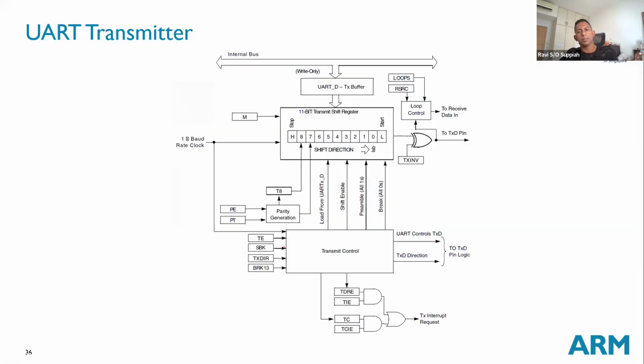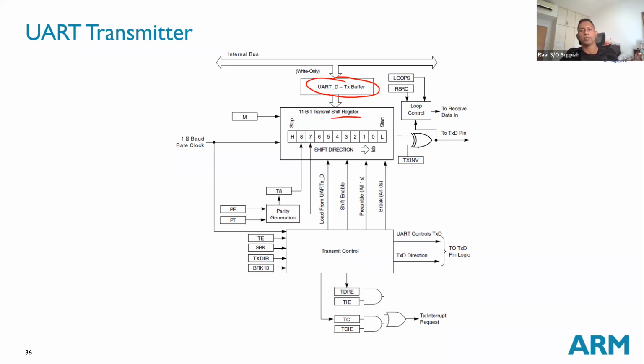This is basically the block diagram of how the UART transmitter looks like. I think most serial blocks have very similar concepts where you write data to a register and that information will go to a shift register. When you transmit, you are converting from parallel data to serial data.